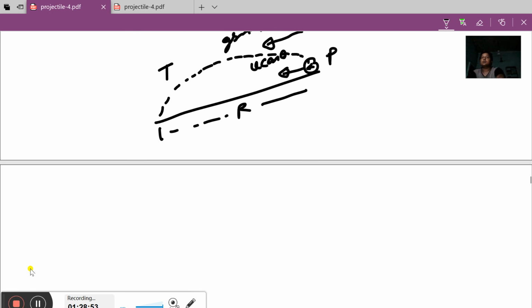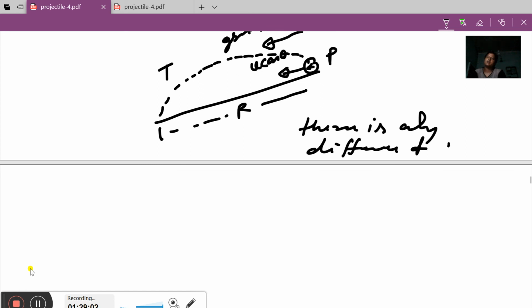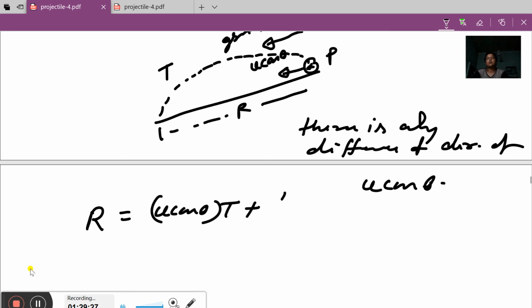So R is u cos theta t plus half g sin alpha t square.